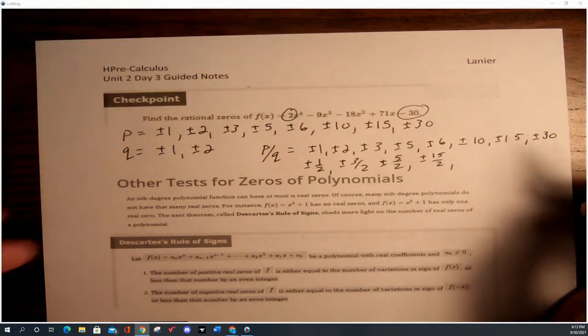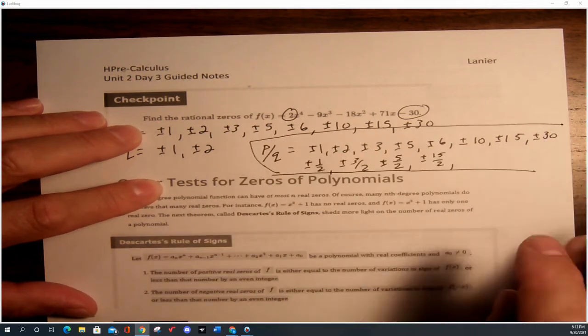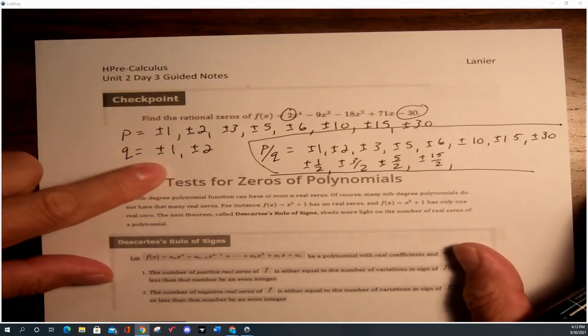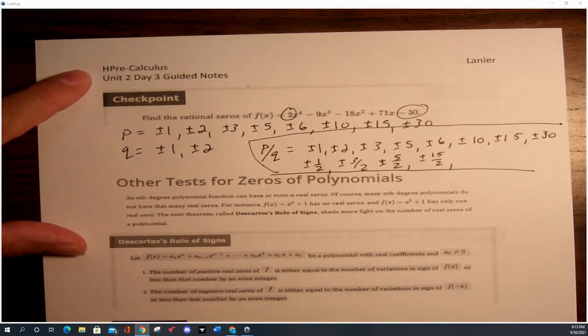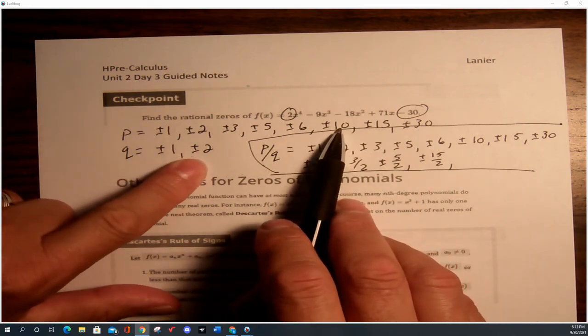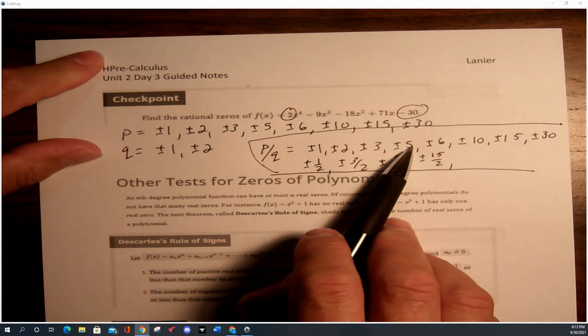I already have it. So notice that the list gets larger because I have more P values to deal with, and then I have these Q values. But remember that I do not need to write one down more than once because maybe something reduced into something I already had. 10 over 2 reduced to a 5, so I didn't have to write 5 down twice.